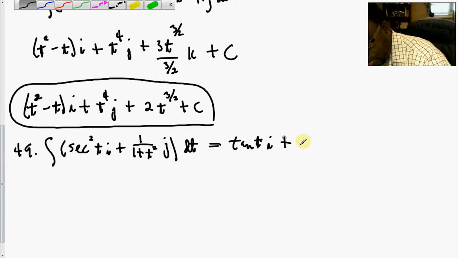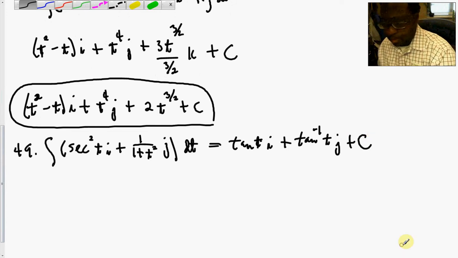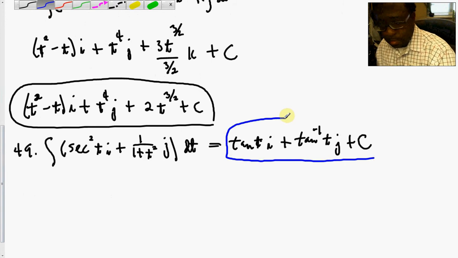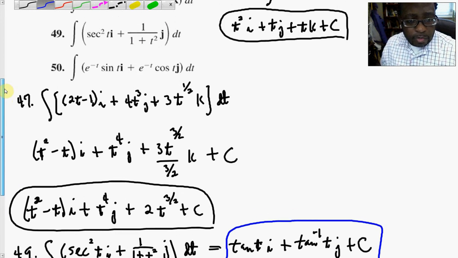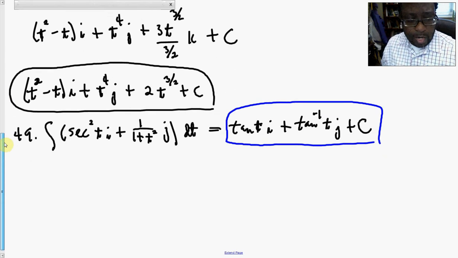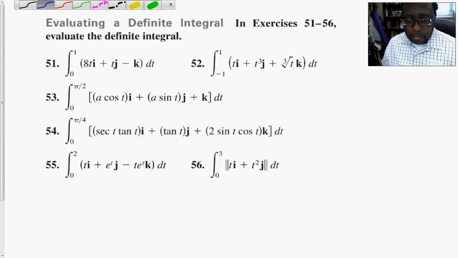So plus tan inverse of t j plus some constant. So that was number 49. Let's take number 54.